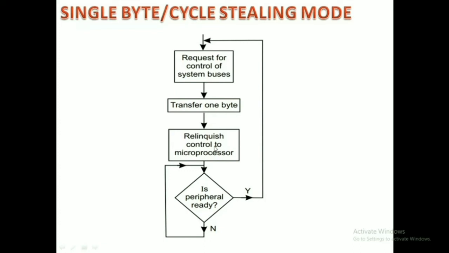After gaining control of the buses, the microprocessor will execute its next machine cycle. If data is still left to be transferred from the device, that means if the peripheral is still ready with the data, then the DMA controller will again send a request to the CPU or microprocessor for gaining control of the system buses, and then it will transfer the next byte of data.